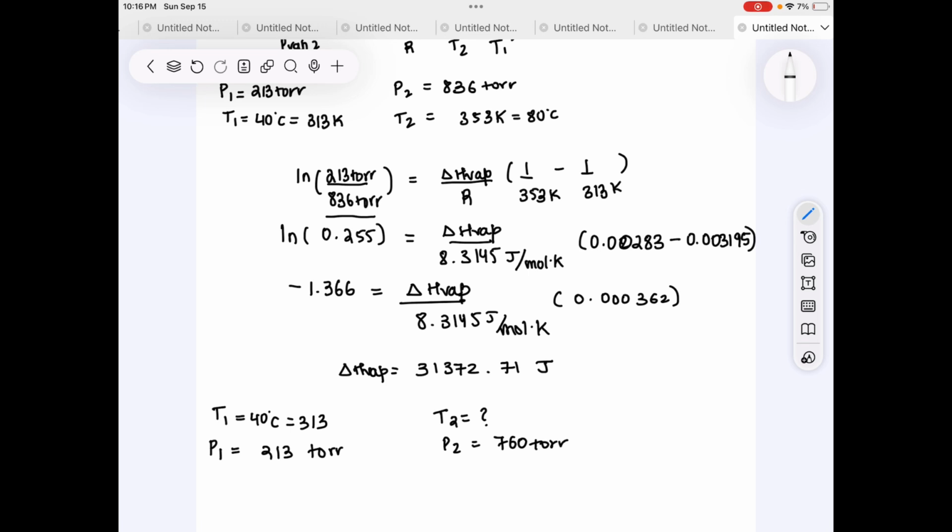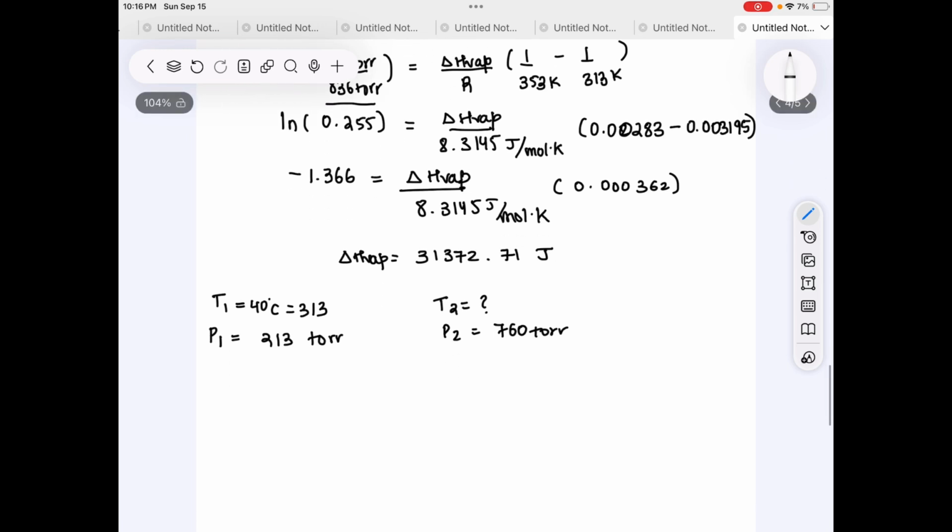because we know that the boiling point is the temperature at which the vapor pressure of a liquid becomes equal to the atmospheric pressure, therefore 760 torr. Let us plug in the values in the equation. That is P1, P2.